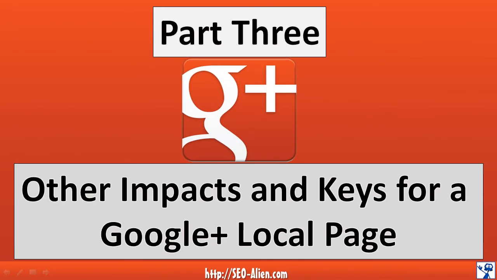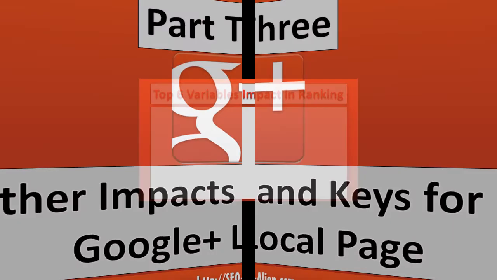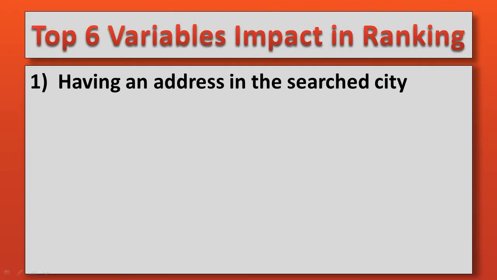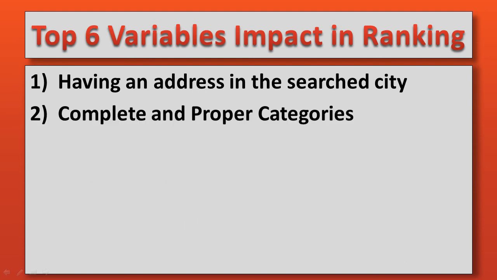Other impacts that are going to help your Google Plus local page, well, there's a few variables we'll talk about. Number one, make sure that you have an address in the searched city. So if you're a suburb of Tampa and that's where your business is, use the suburb of Tampa. Don't use Tampa, and you'll get much better results. Complete and proper categories.